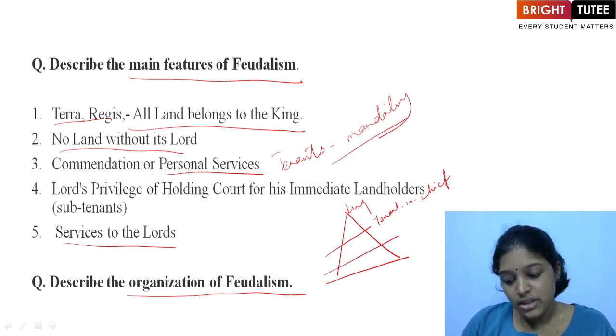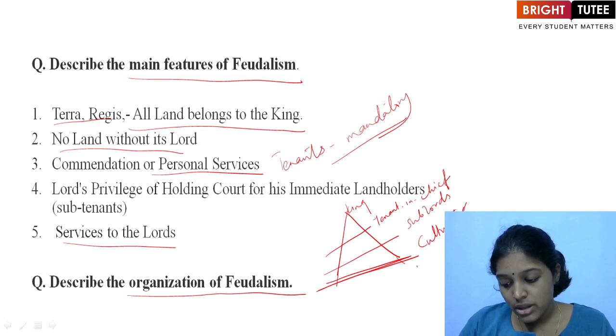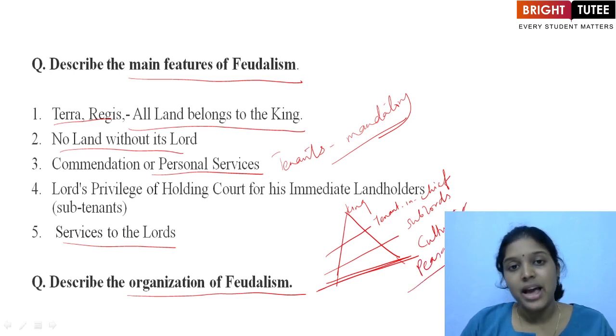Then come the sub-lords who get the land from the tenant in chief, and ultimately at the lowest strata belongs the most important and the biggest category, that is the cultivator or the peasant who tills the land and works on the land.